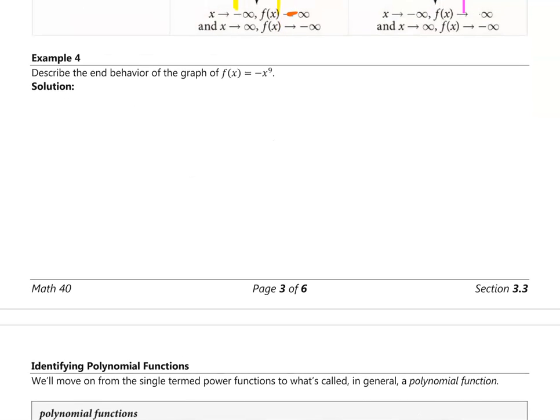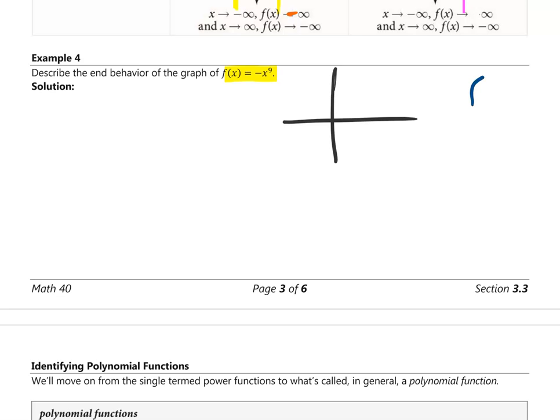Okay, all right. Example 4, describe the end behavior of the graph f of x equal to negative x to the 9th power. So if you're going to sketch this, it's odd and it's negative. So think about John Travolta.